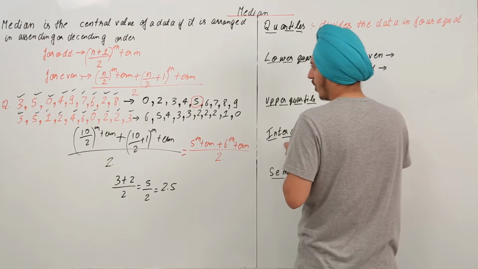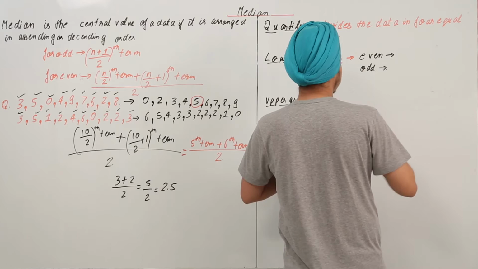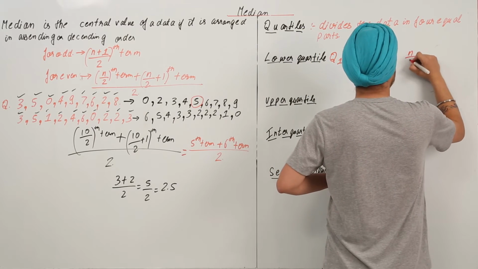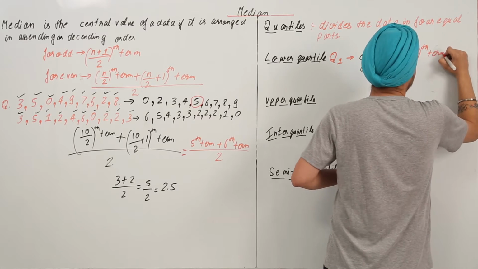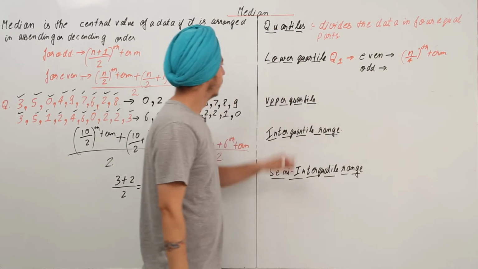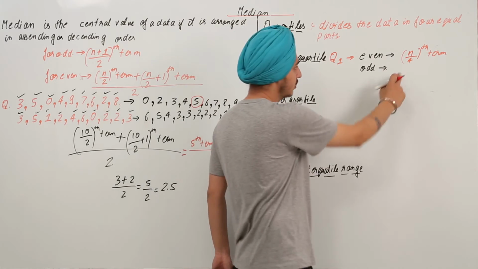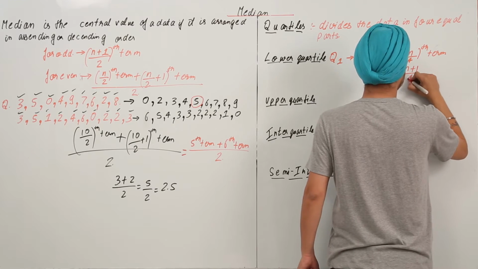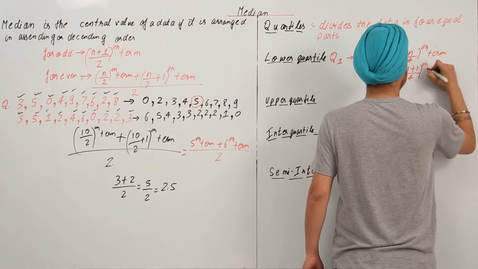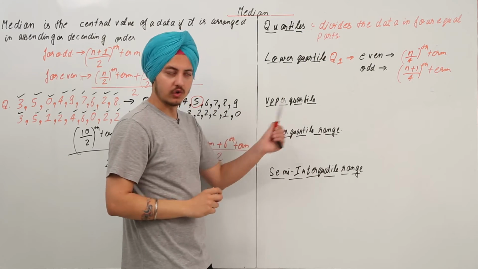So for even, first of all, this is equal to the n by 4th term. For even, the lower quartile is the n by 4th term. And for odd, it is equal to the n plus 1 by 4th term. Okay, this is the lower quartile.